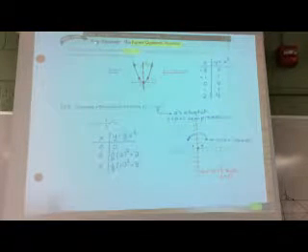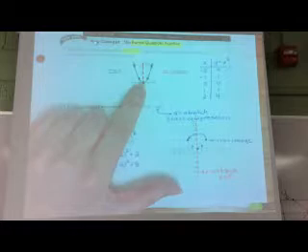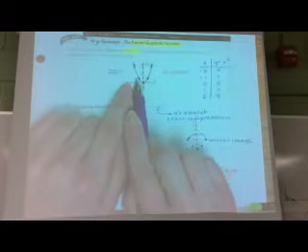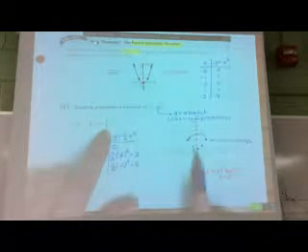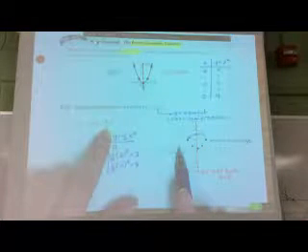So what I want you to see is this. Do you remember how in my parent function it was up 1 over 1, up 1 over the other direction 1? With my a at 1/2, it's up a half over 1, up a half over the other direction 1.